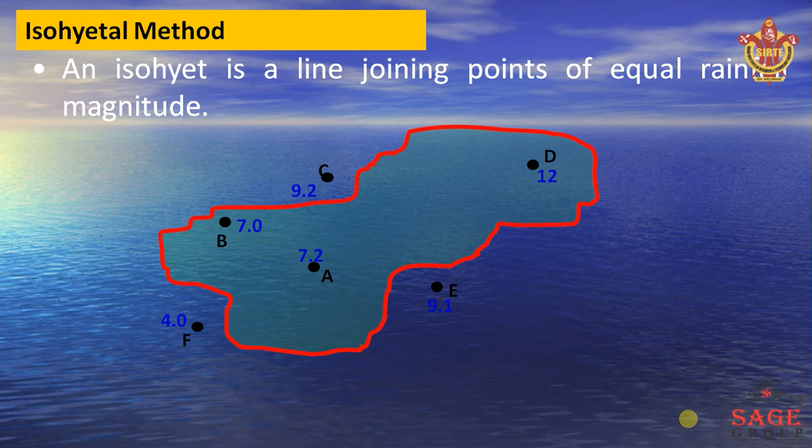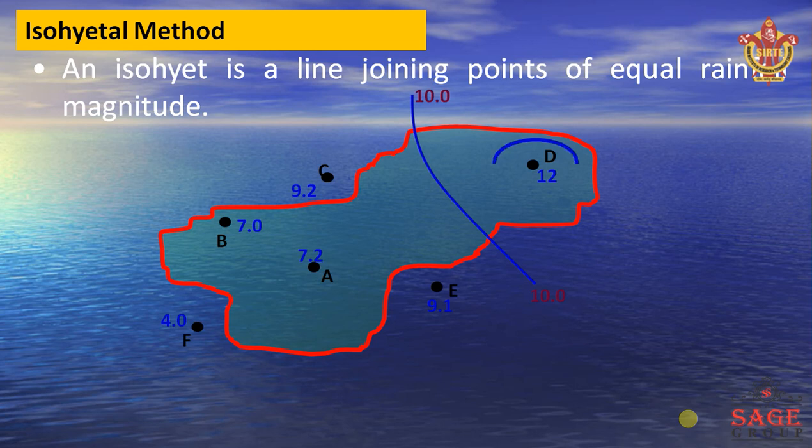Suppose F has 4, B has 7, C has 9.2 and so on. We draw a line joining points of equal rainfall. So this is one line having a magnitude of 10, and all the points lying on this line have a rainfall of 10.